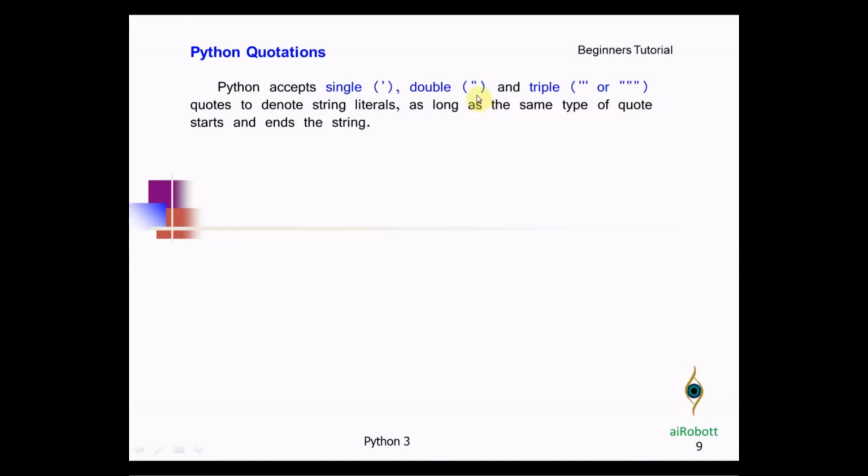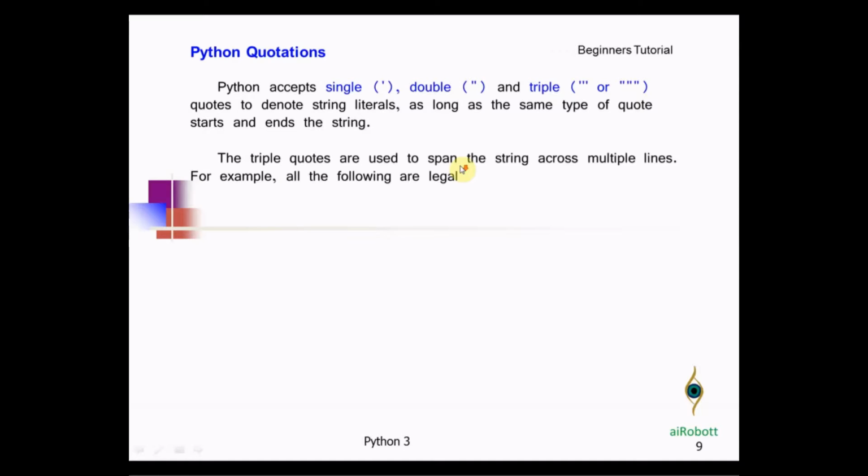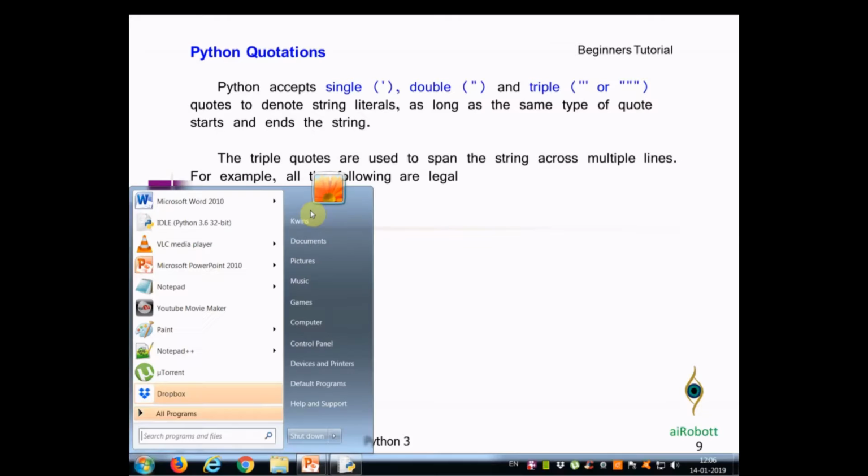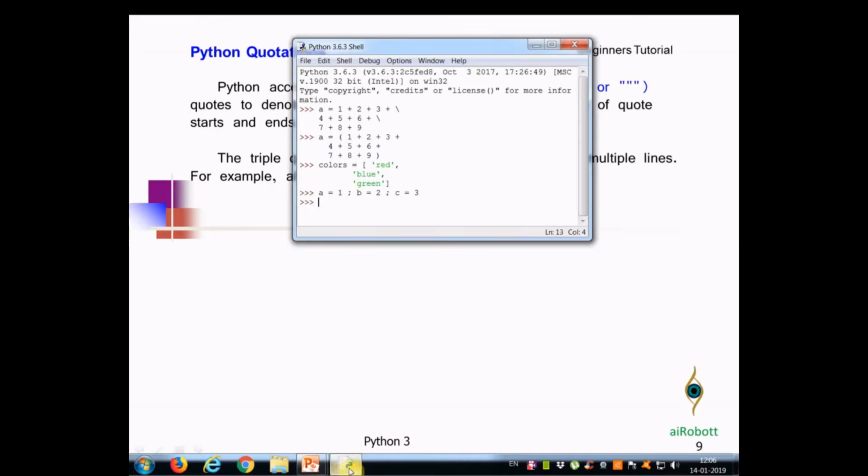Similarly, if you use the double quotation, you have to use it at the end also. Similarly, if you use triple quotation like this, you have to use that quotation at the end of the string. The triple quotes are used to span the string across multiple lines. We will see this with some examples here.